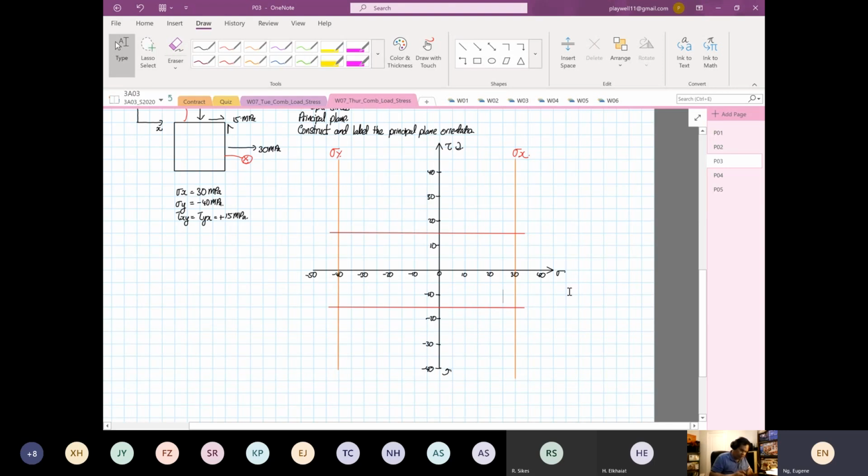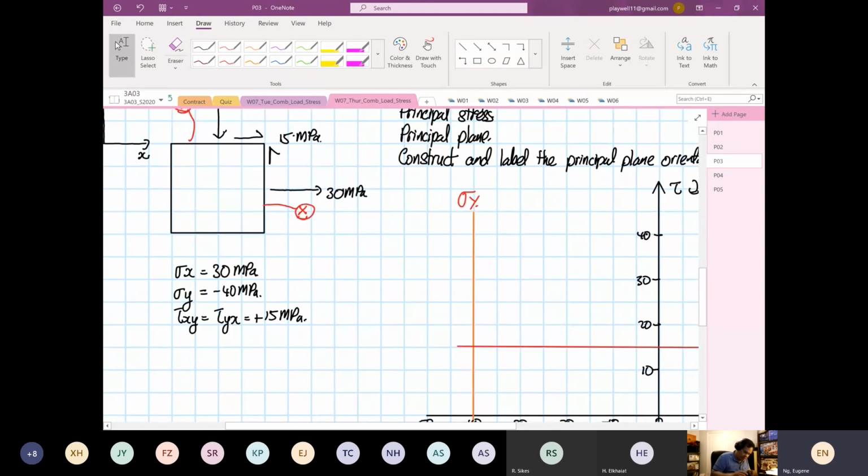Right. So we're going to look at point X first. At the center is your pivot point. We're going to look at X. The 15 based on this arrow will generate a clockwise or anti-clockwise. So this will generate an anti-clockwise.